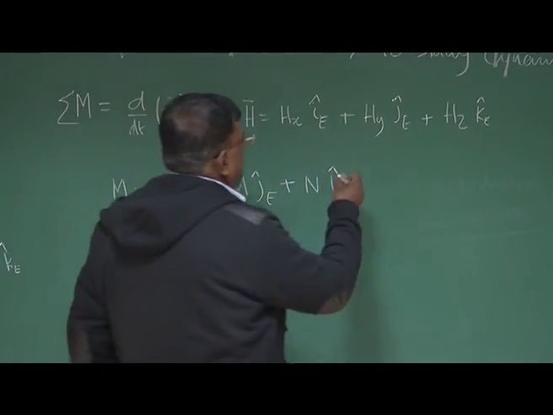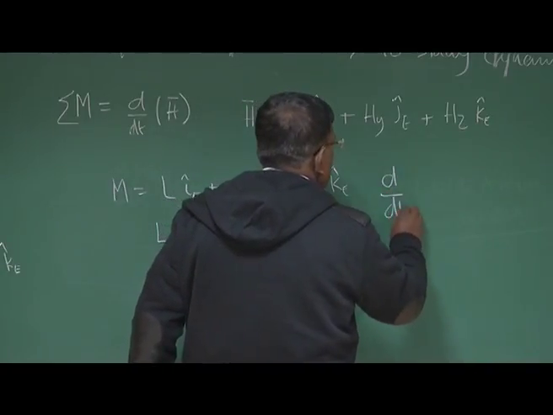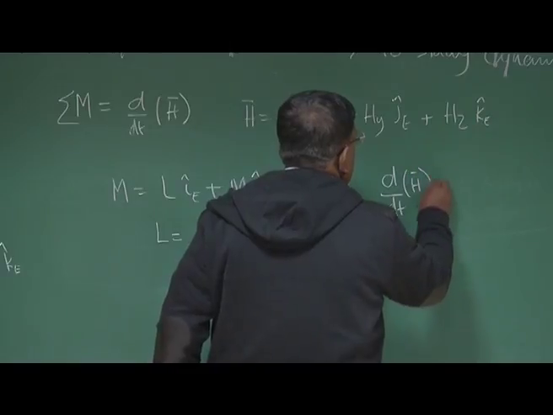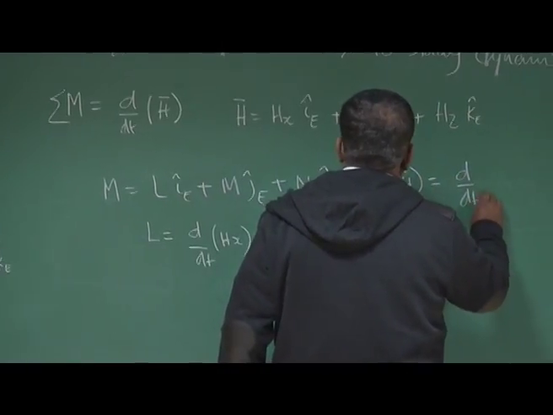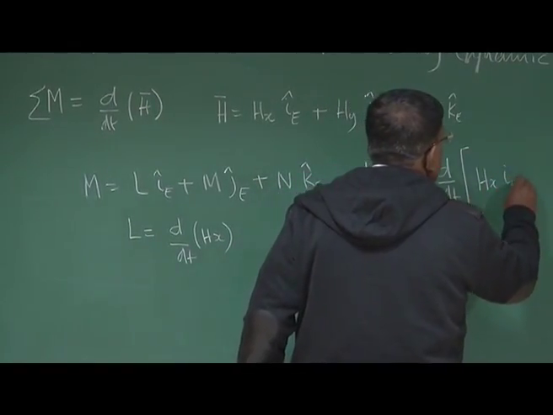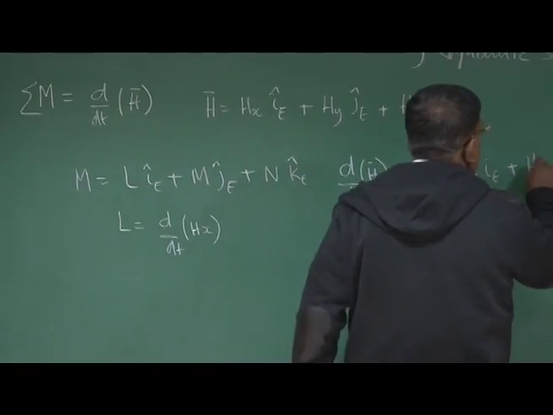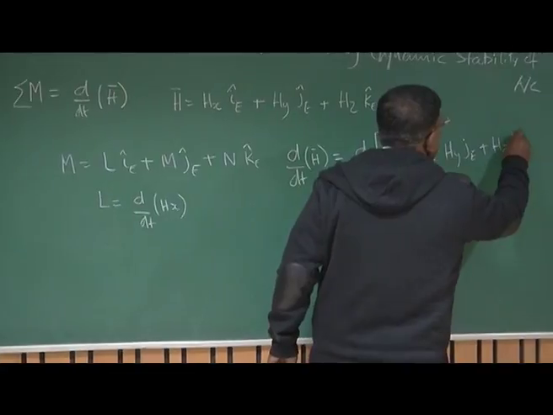If you are not clear, let me repeat here. d by dt of h is equal to d by dt of Hx IE plus Hy JE plus Hz KE.